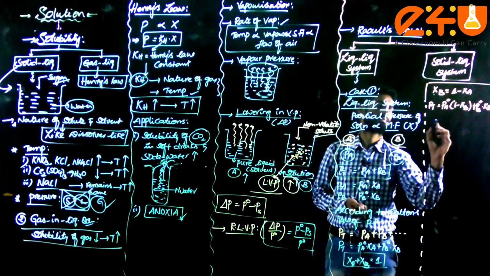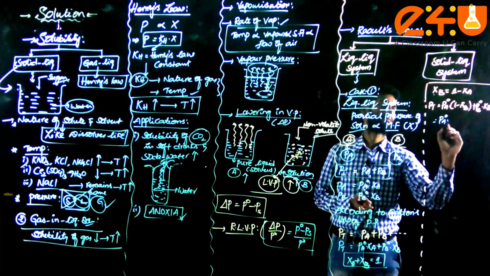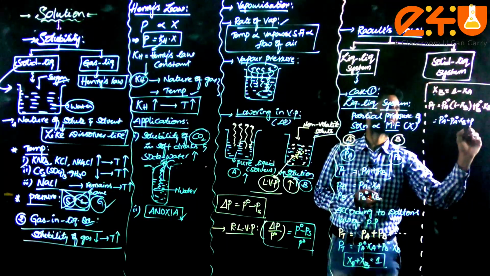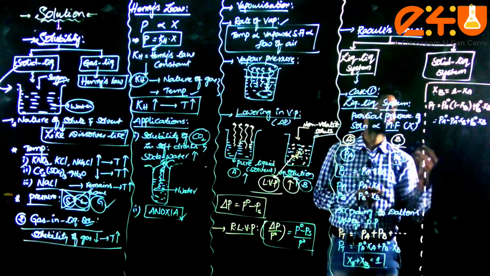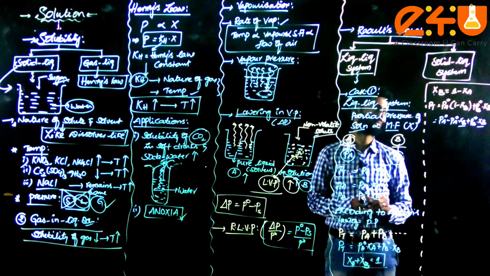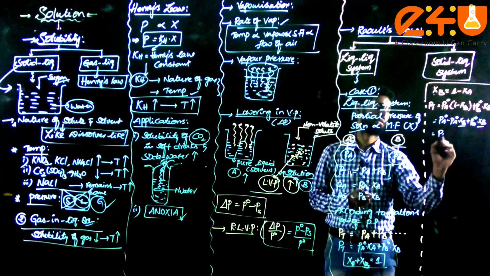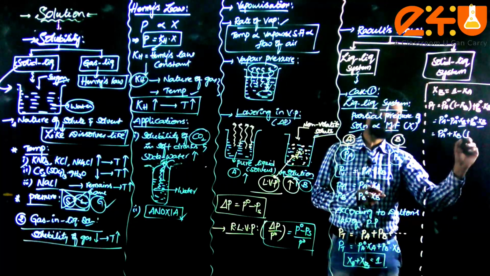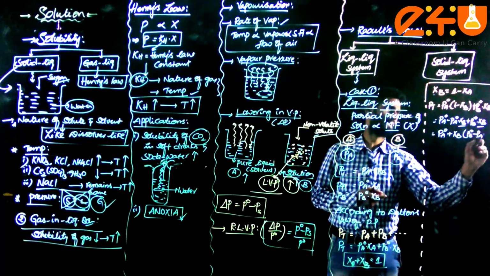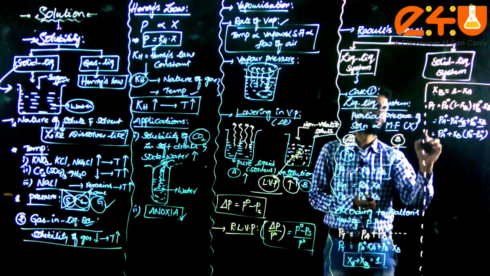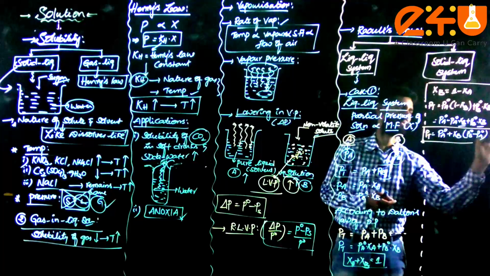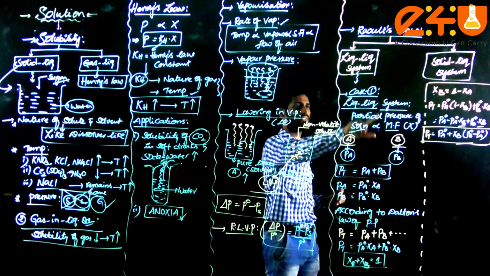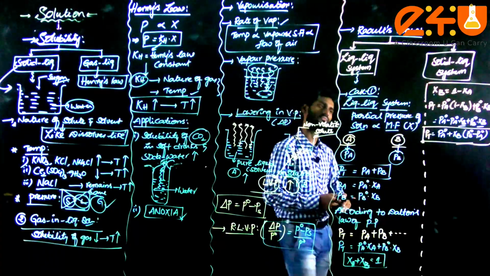Then it becomes PA naught minus PA naught into XB plus PB naught into XB. Taking XB as common, I can write PA naught plus XB into (PB naught minus PA naught). This, dear students, is our expression for Raoult's law: the total partial pressure of the solution is directly proportional to the mole fraction.